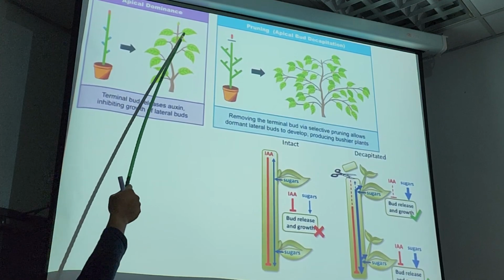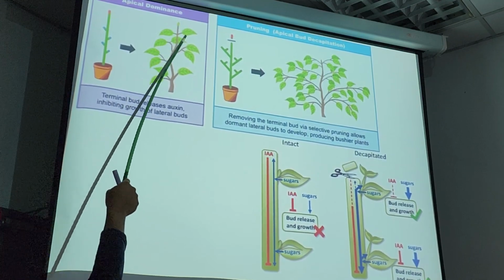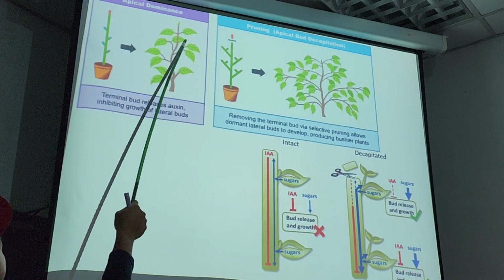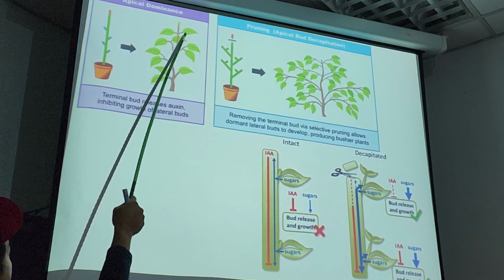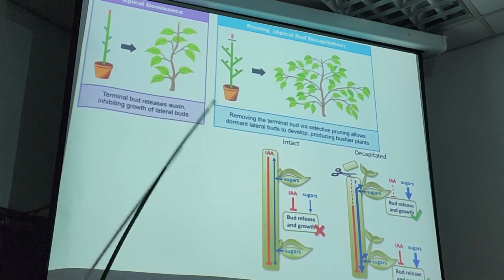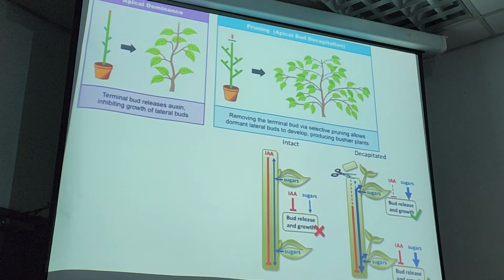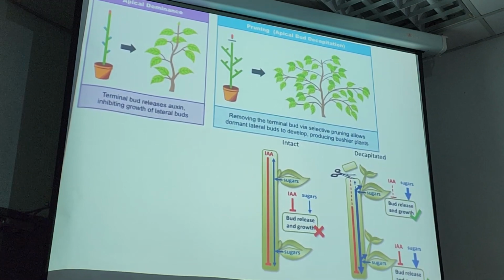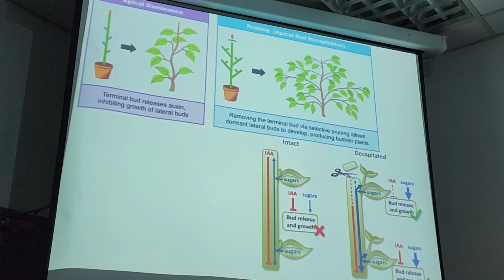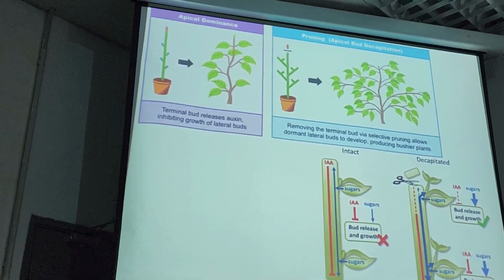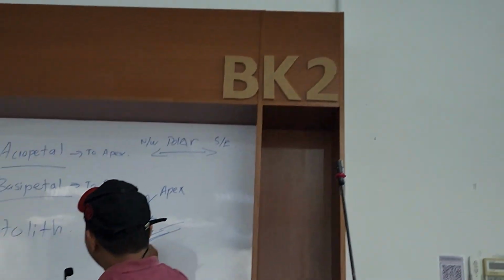Whenever the plant has the apex present, all the lateral buds, meaning the buds present in the axils, stay dormant. So you've got your plant. This is your apex and then you've got your branch, right? Then you've got this.